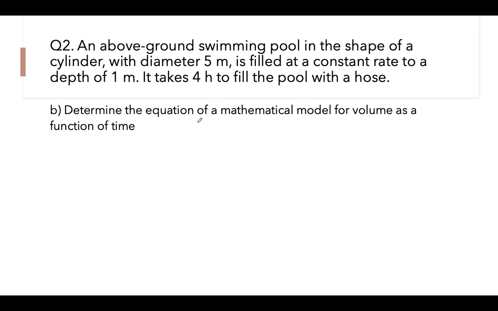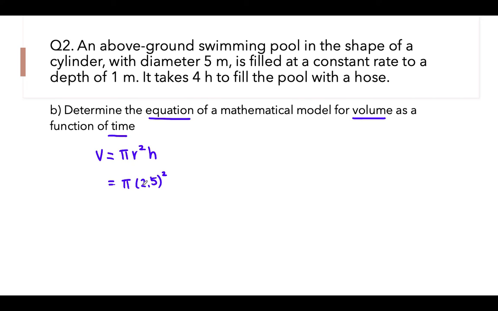Letter B. So determine the equation of a mathematical model for volume as a function of time. Okay, so then that means we said volume is equal to pi r squared h. We know r is going to be half of 5 meters, so it's going to be 2.5.